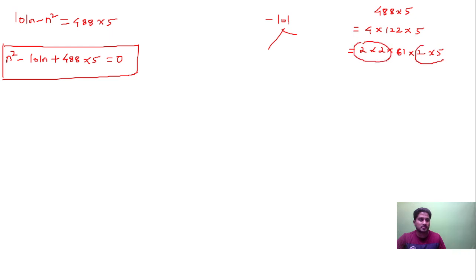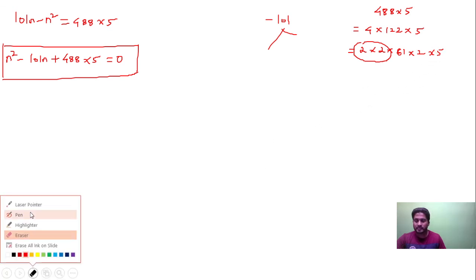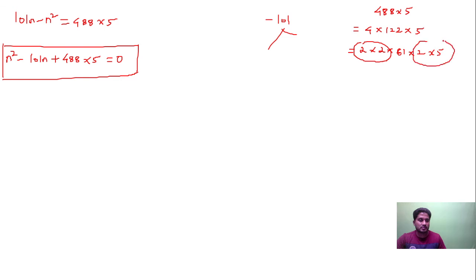So this is 40, and left out is 61, both minus. So minus 61 minus 40 will give me minus 101. So this is n minus 40 into n minus 61 is equal to 0. So you will get n is equal to 40 and n is equal to 61.